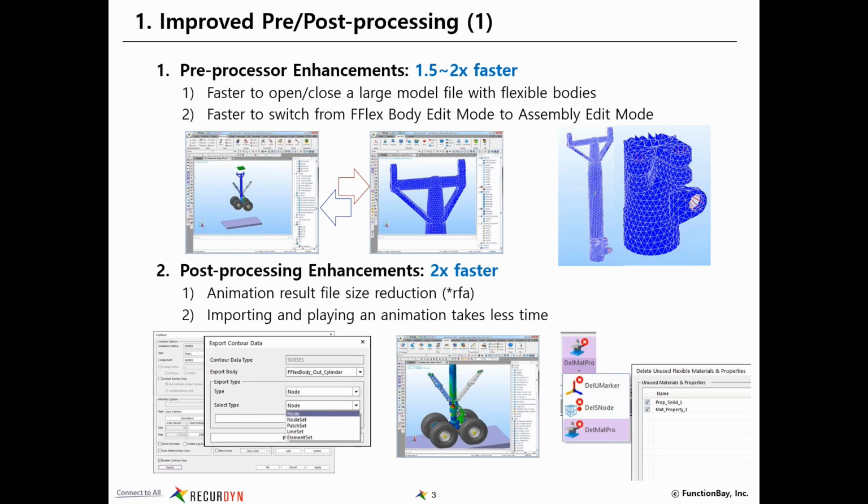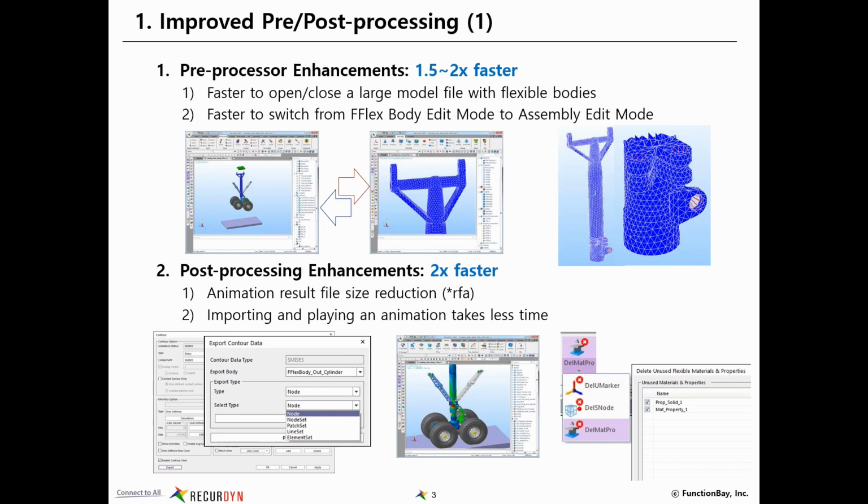And then a similar expectation with the post-processing. Some of those post-processing features can take a little bit to run when you're including a lot of elements, large flexible bodies, complex models, and so there have been improvements to make that run faster, specifically the animation result file size reduction, RFA files. There's a new feature there that you can optionally make those files smaller.